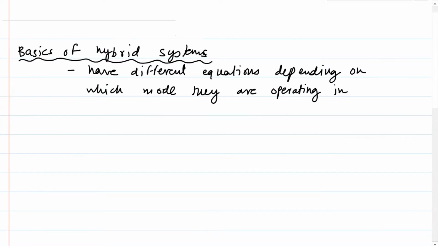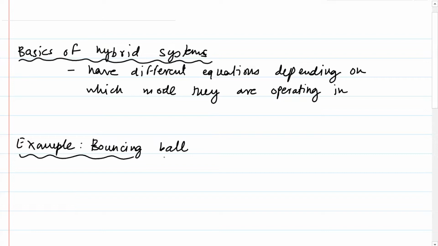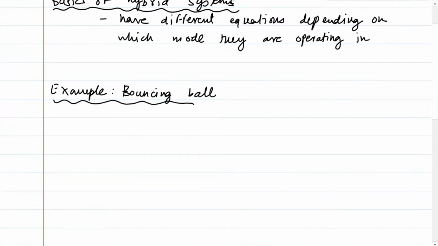Okay, so a simple example of a hybrid system is a bouncing ball. Let's think about what a bouncing ball does.